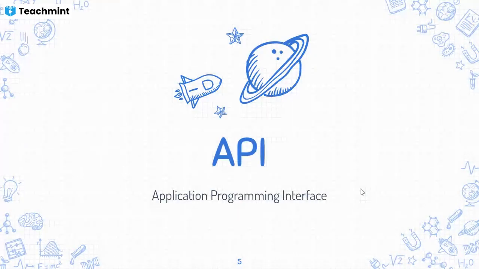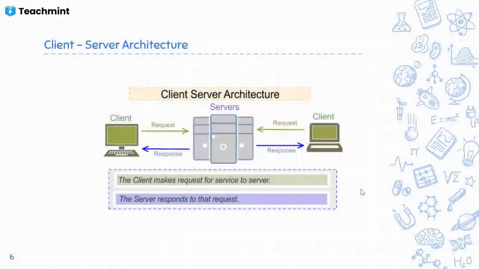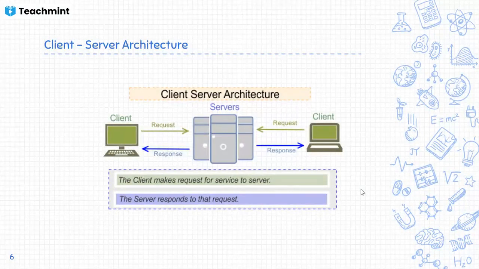Okay, so let's talk about an API for a minute. The basic definition of an API is application programming interface, and why they called it a programming interface we'll discuss now. Our whole software world started with a client server architecture, isn't it? There will be a client. It could be your mobile phone, or your browser, or a kiosk in the bank.